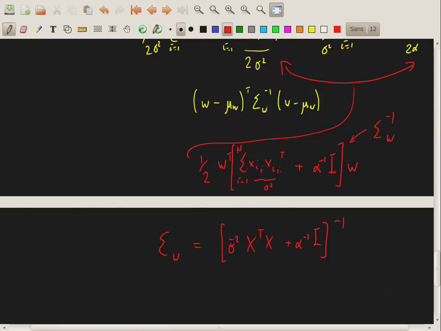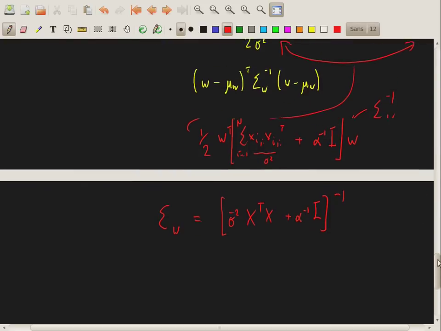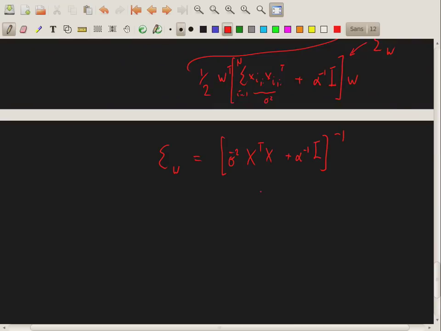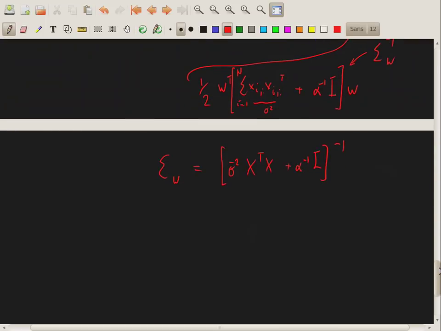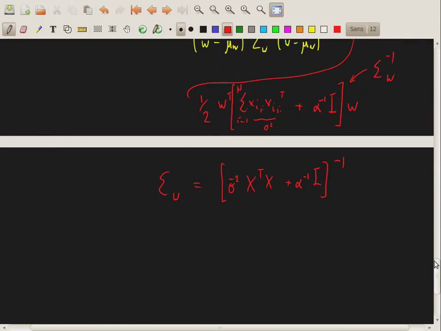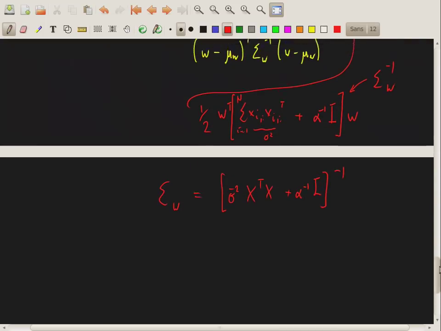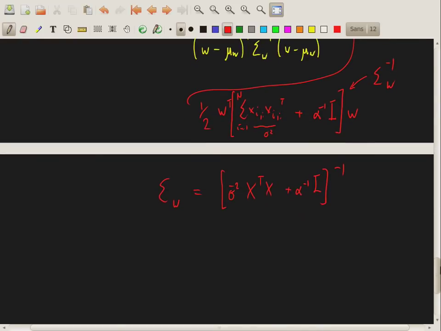This x transpose x is actually a sample-based approximation, not to the covariance matrix, but to the second moment of your data set. In fact, it's what I used earlier to generate a covariance matrix randomly. So we have a term that's inducing correlation, and then we have this spherical term.